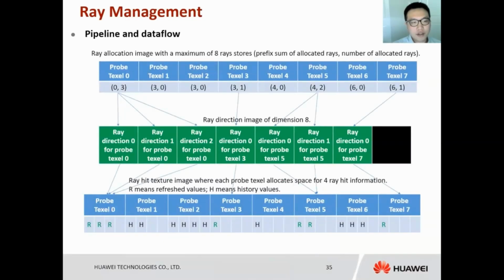Our pipeline initially computes a ray allocation image with the prefix sum of allocated rays and the number of allocated rays per direction set. Then this buffer is used to compact the ray directions on the probe. Based on this compact ray image as well as the ray allocation image, we update the ray samples image for every direction set after the ray tracing is complete.